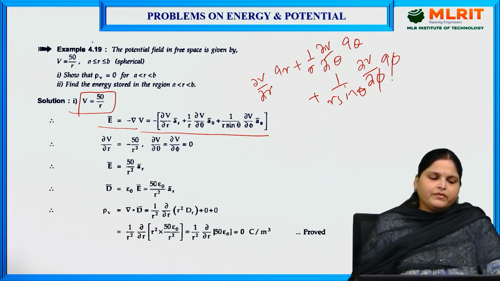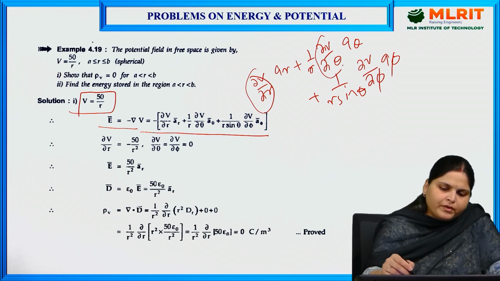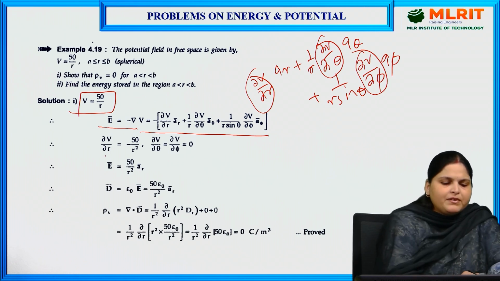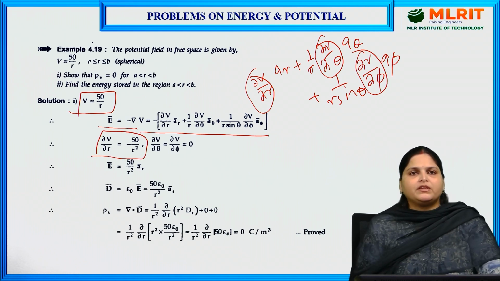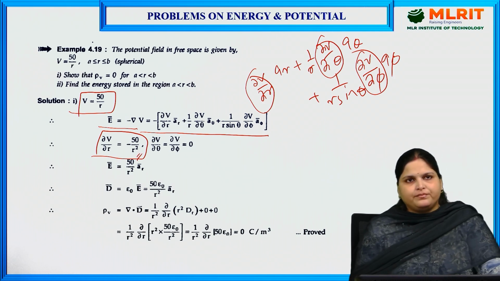Right? So we will calculate dou V by dou R, dou V by dou theta and dou V by dou phi. When we partially differentiate V with respect to R, we get minus 50 upon R square.